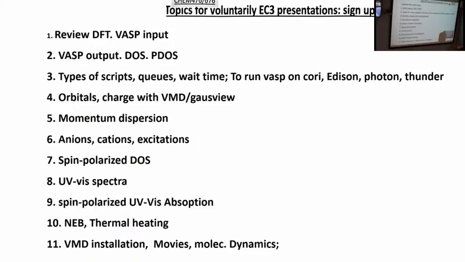Scripts, the word scripts is not quite right. The batch scripts for submitting jobs. So an overview of practical ways of running VASP jobs. If you are on Quarry or Edison, you can submit with sbatch and then different scripts for submission.